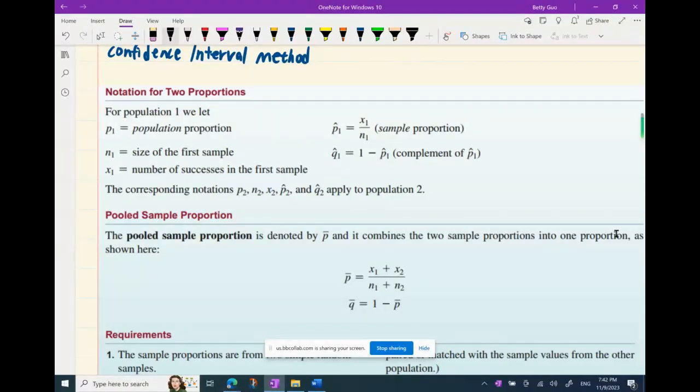So here P sub 1 is the population proportion. P sub 1 hat, we know P hat is the sample proportion, right? But with sub 1, that's the sample proportion from the first population.